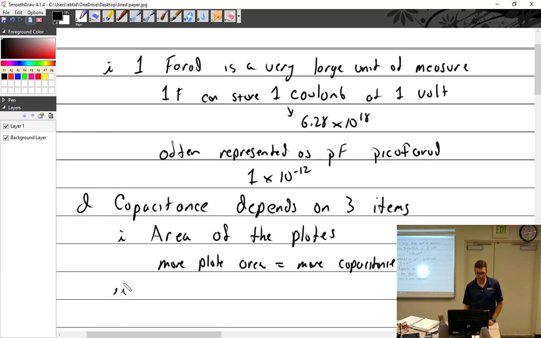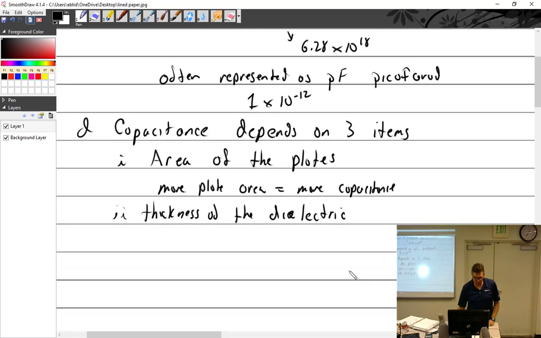The thickness of the dielectric. The closer you bring the plates together, the more they're going to attract electrons onto the plates. If you spread them apart, not so much. So we want a very thin dielectric.